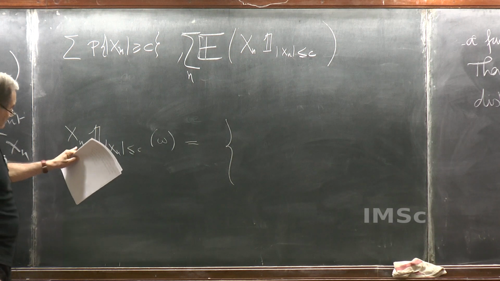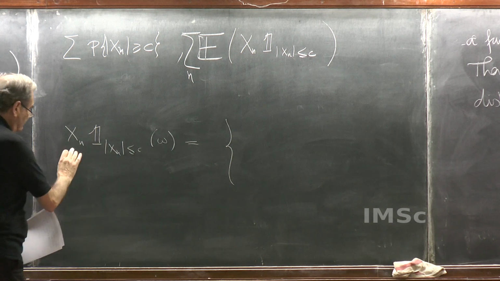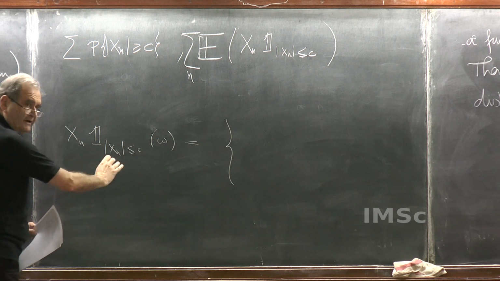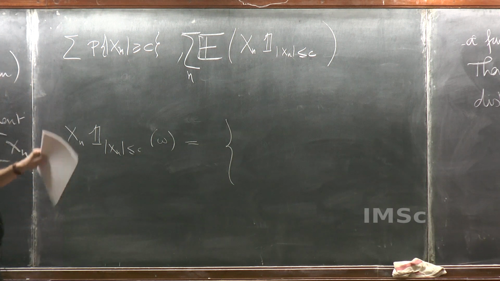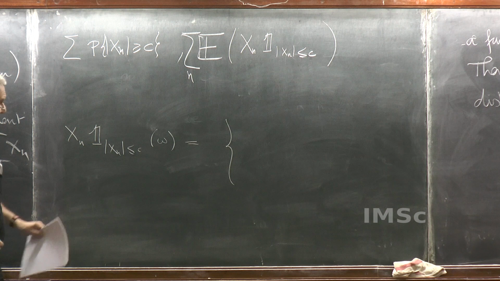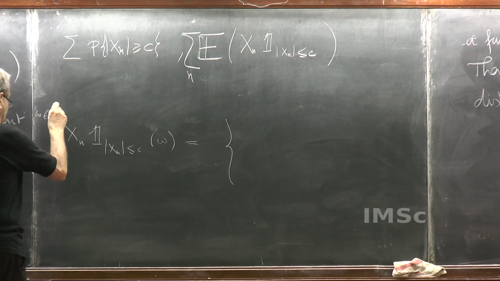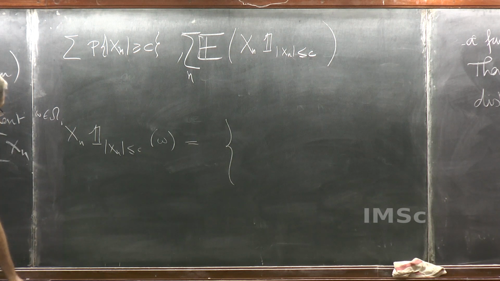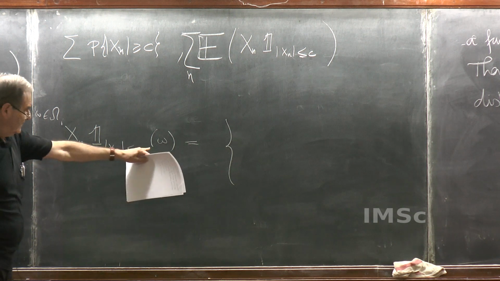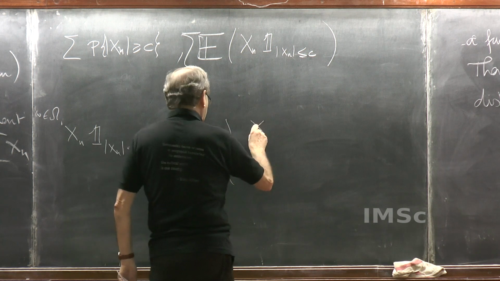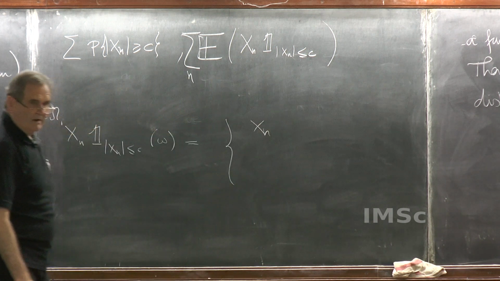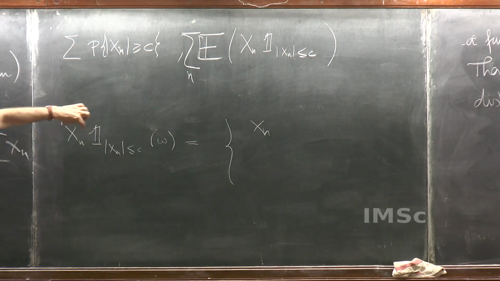Both are real valued functions on your big set omega. For omega in omega, when you take the value here, it is essentially x_n, well, it is x_n if this is 1.